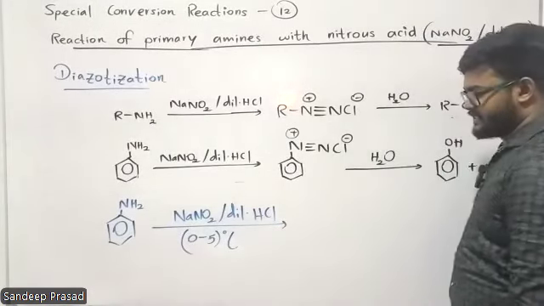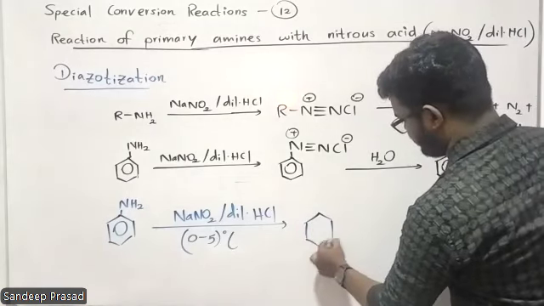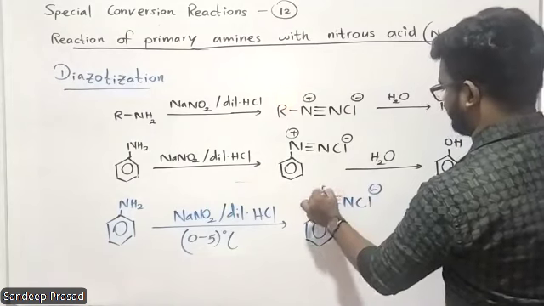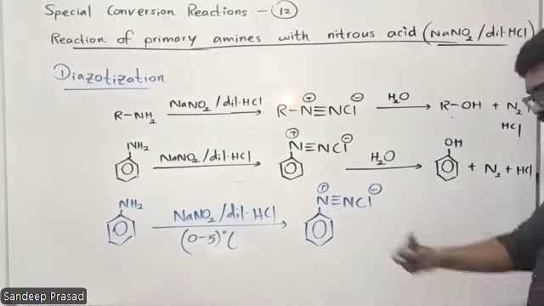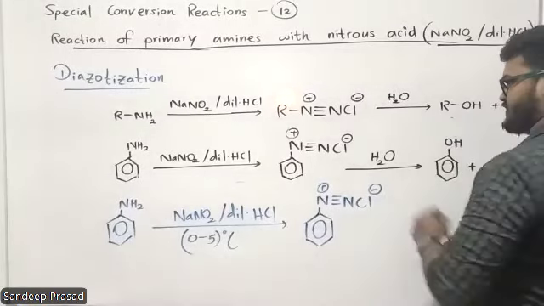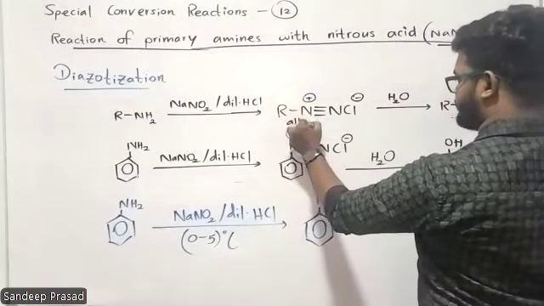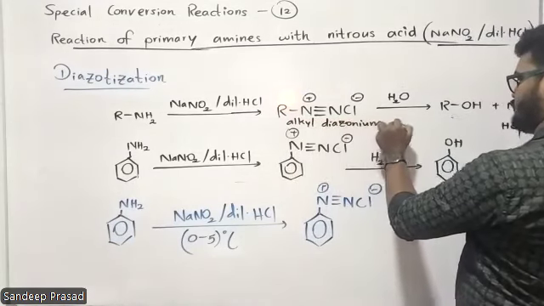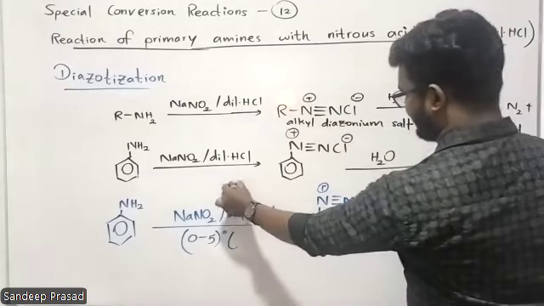Then we can stop this reaction here. Can you understand? Actually, this is very famous in conversions. So this is alkyl diazonium salt, and this is aryl diazonium salt.